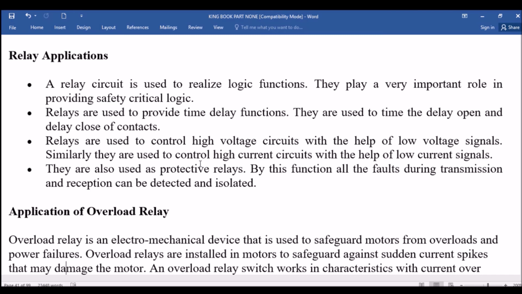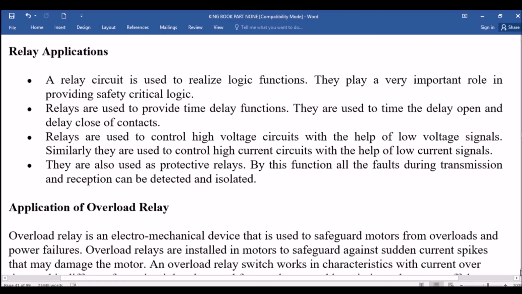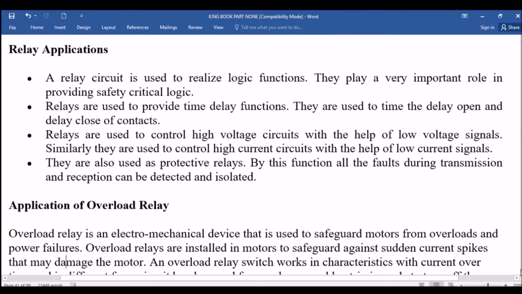Similarly, they are used to control higher current circuits with the help of low current signals. They are also used as protective relays. By this function, all the faults during transmission and reception can be detected and isolated. You see, those are the main four applications of a relay.